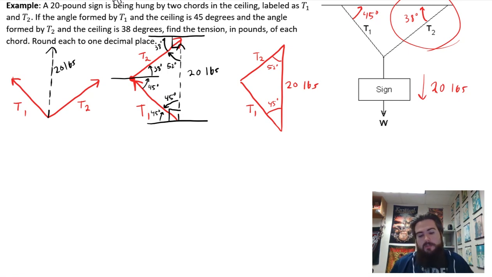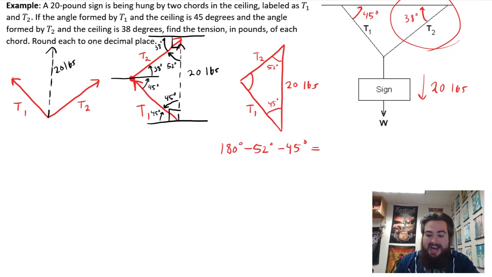Now, that's not all we know, because since we have two angle measures inside a triangle, we should also be able to evaluate the third. We can either do that by considering it as the supplement of the other two angle measures combined together, or we can consider it as the addition of 38 and 45 degrees, as represented by this second triangle I drew, or the second diagram I drew. 38 plus 45, or the supplement of 52 and 45, which I'll write down here: 180 minus 52 degrees minus 45 degrees.